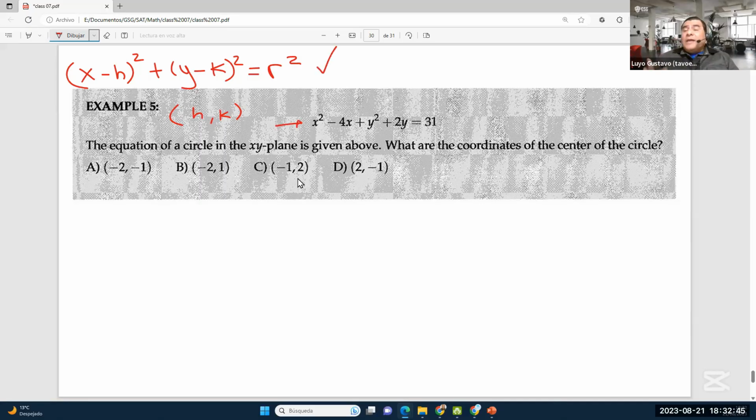In order to do that, you have to complete squares, right? Complete the square trinomials and then factor them, so that you can find not only this form, but also the radius. Do you feel confident about this? How would you do it? Okay, let's do it all together. Remember, you have these two. From this, I will complete the square trinomial.